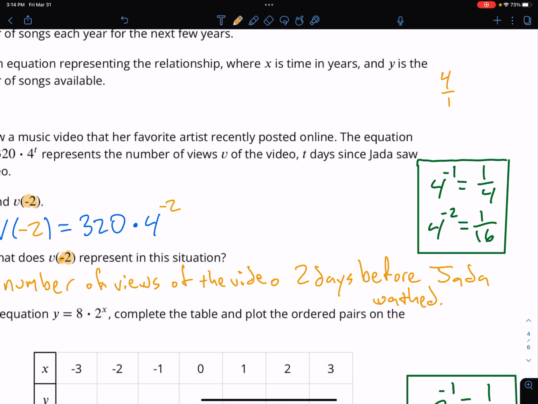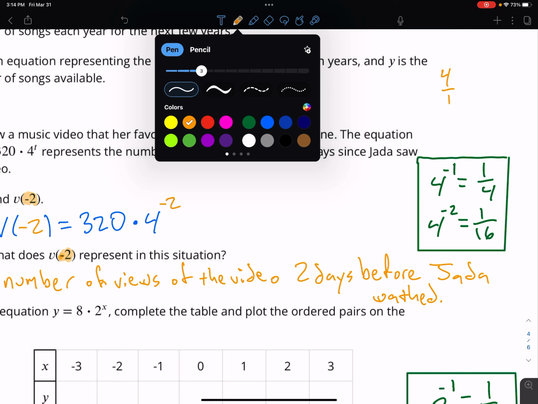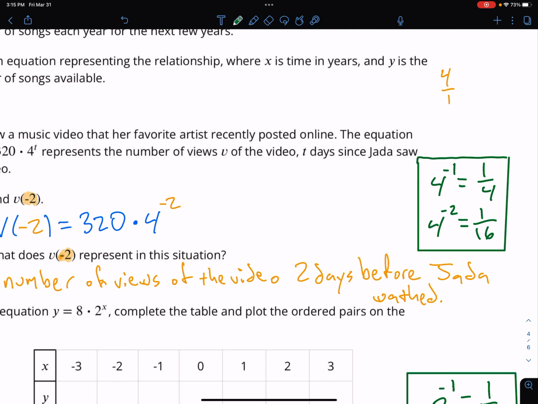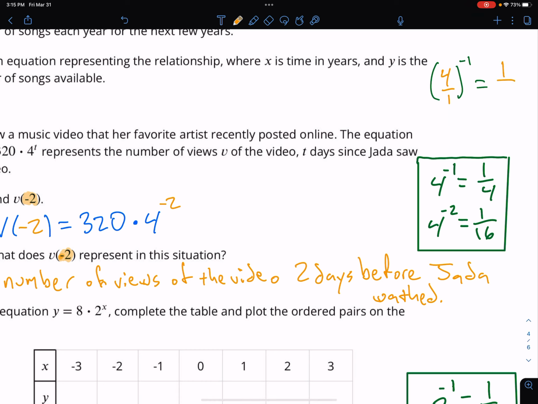So every whole number that you've been working with since kindergarten is actually over 1. And when I raise this to a negative exponent, it flips it over. It's going to give us the reciprocal. 1 over 4 gives us this fraction, and that's 4 to the power of -1.